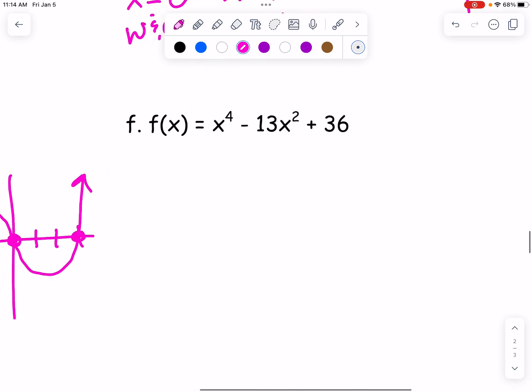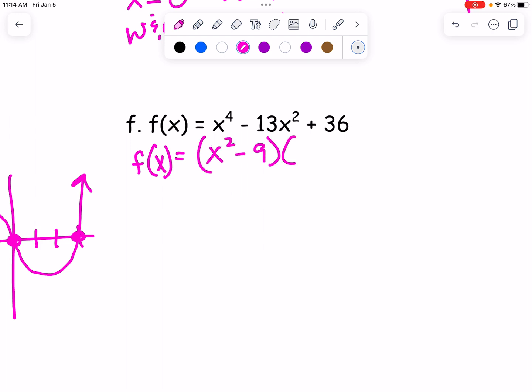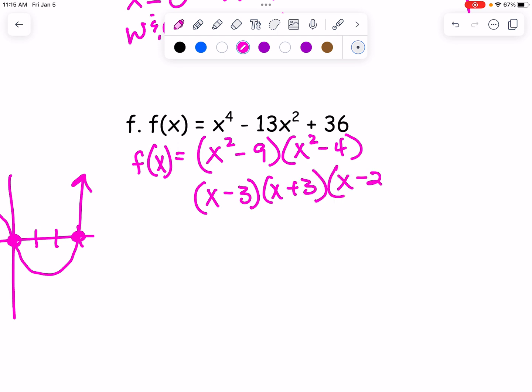I'm going to factor. So this would be factors of 36. That would be 9 and 4. X squared minus 9. Which means x minus 3, x plus 3, x minus 2, and x plus 2.